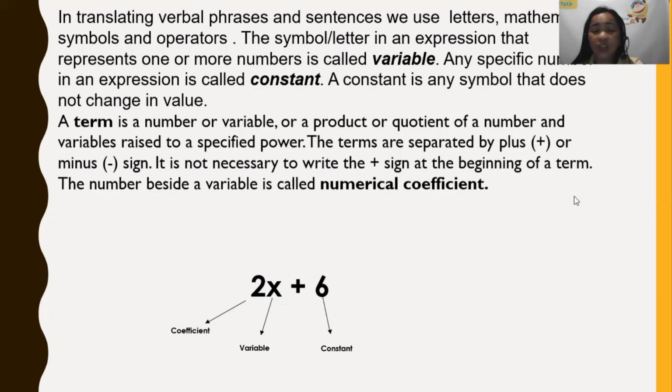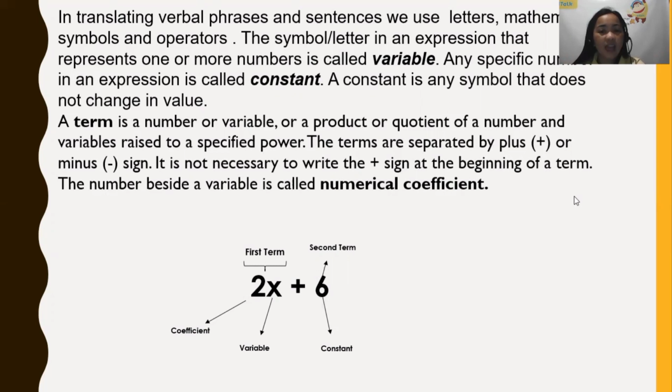It does not change its value. And 2x is our first term, and 6 is our second term. So this expression has two terms. We have 2x and 6.